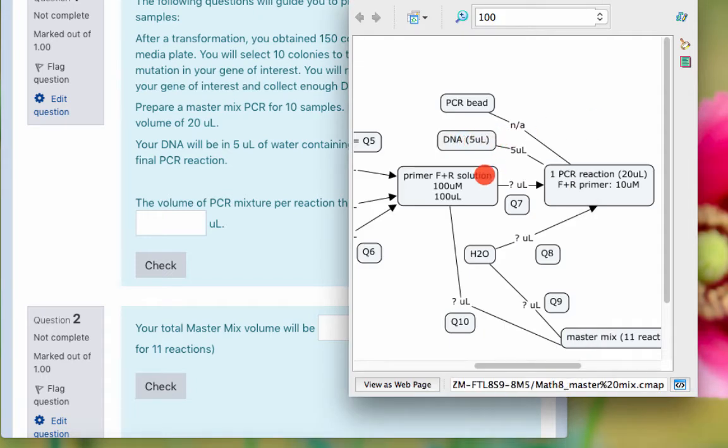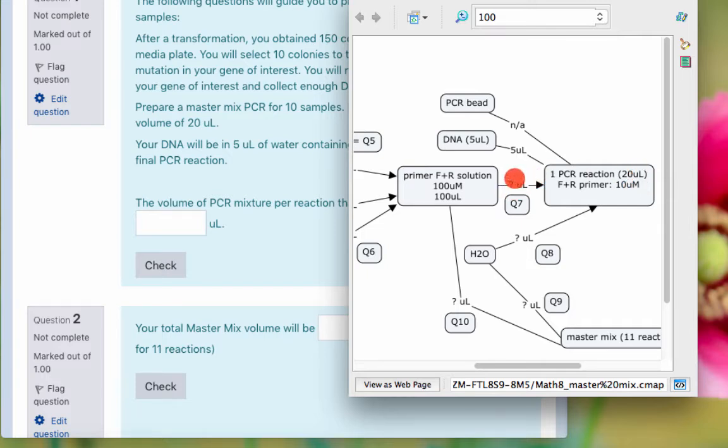All right, the remaining 2 ingredients that go into the PCR reaction. The first one is primer. We already made this 100 micromolar solution. We're going to use X microliter of it so that we end up with this solution. So here's our C1, V1, here's our C2 and V2, right?